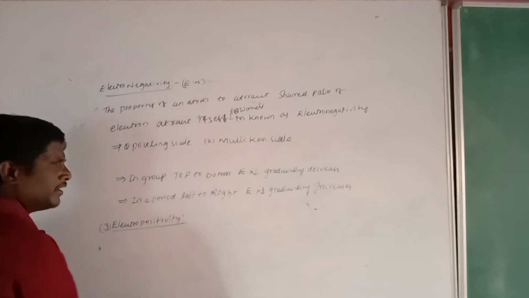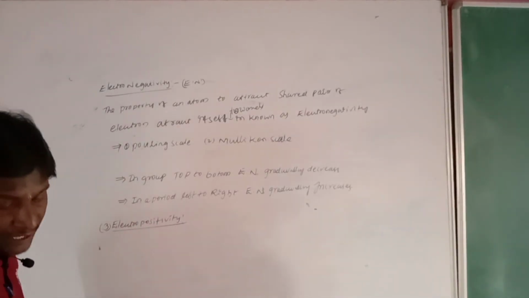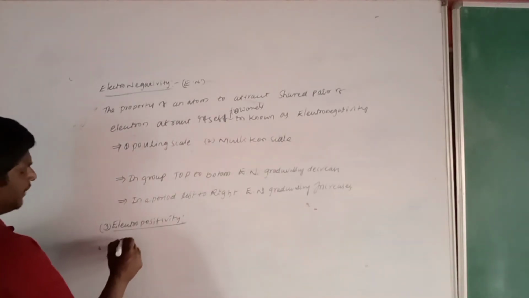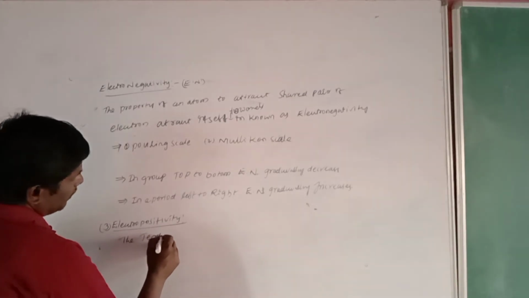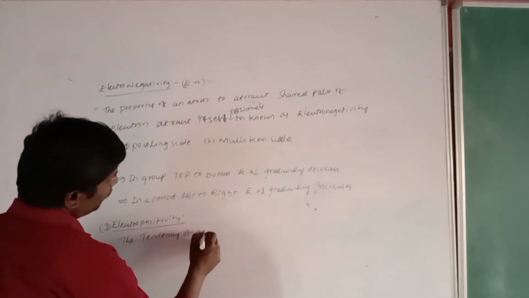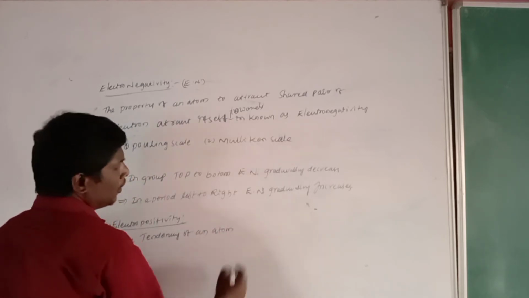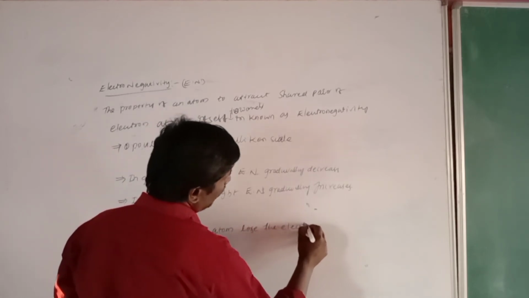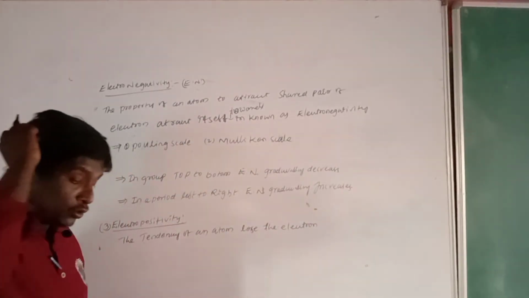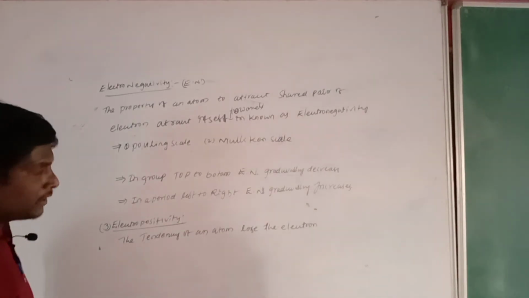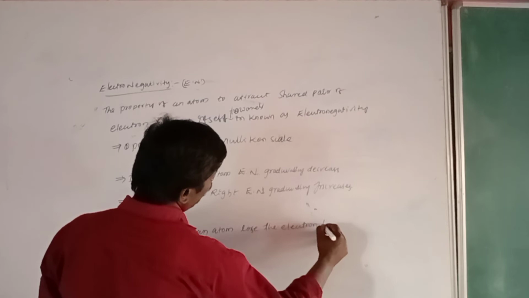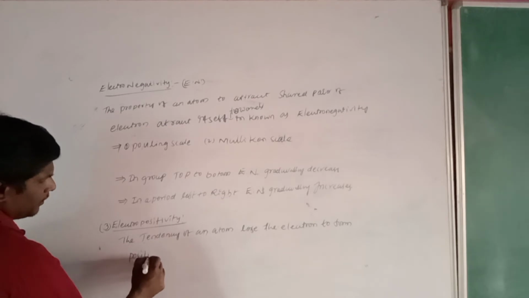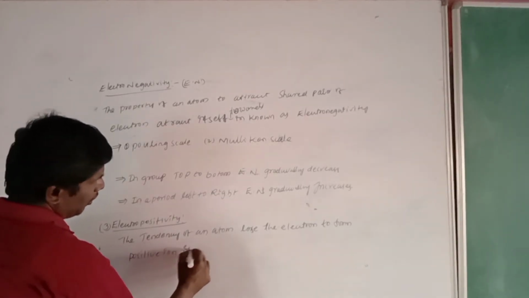Electropositivity means the tendency of an atom to lose electrons from its valence shell to form a positive ion.